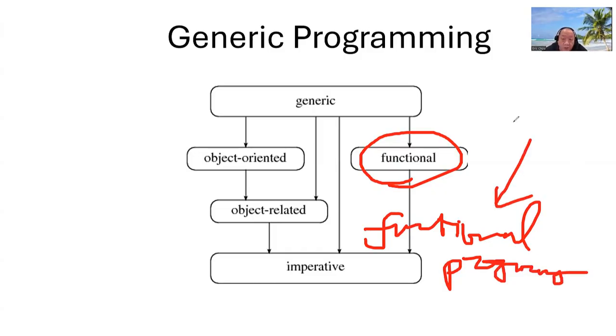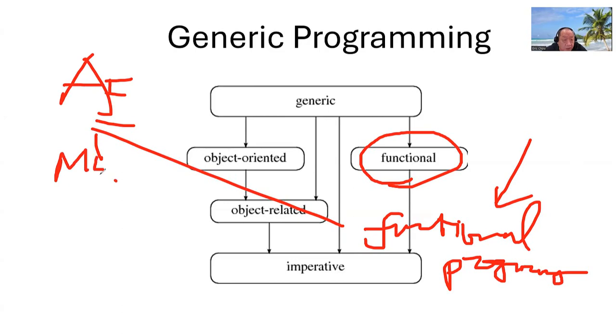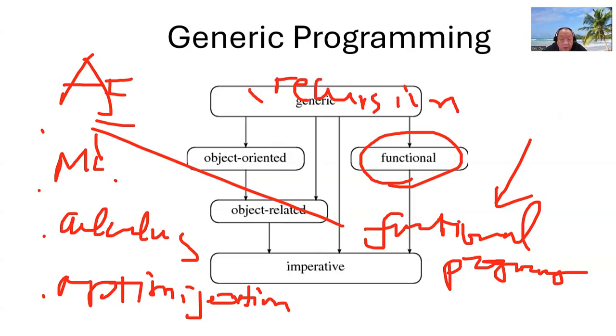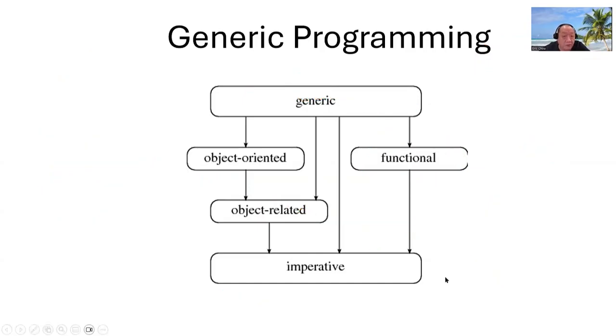Because functional programming is related to a few things: related to AI, related to machine learning, related to calculus, related to optimization, also related to recursion. So it's very important, but it's also related to generic programming. That's called functional programming. So that's what we want to discuss today.